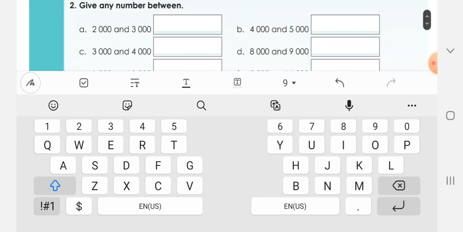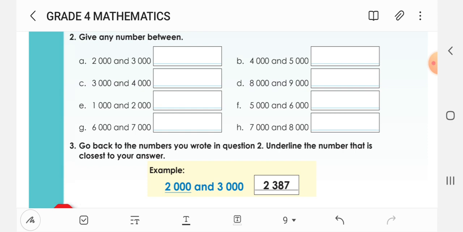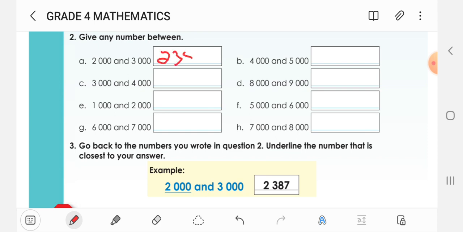Now let's move on. Here you are asked to give any number between these two. Just like you have seen, what is a number between 2,000 and 3,000? I can say 2,350. It is a number between 2,000 and 3,000. Or for number B, give any number between 4,000 and 5,000.